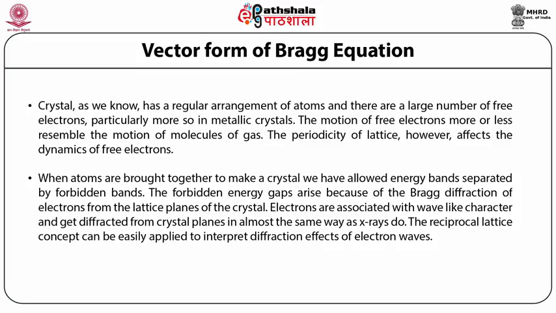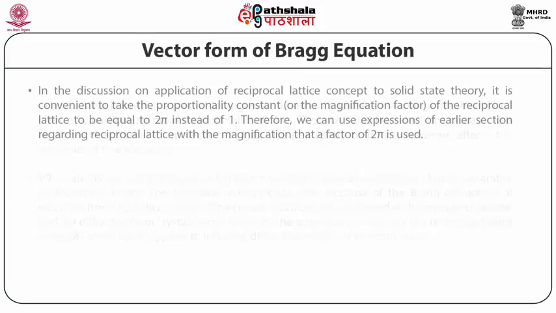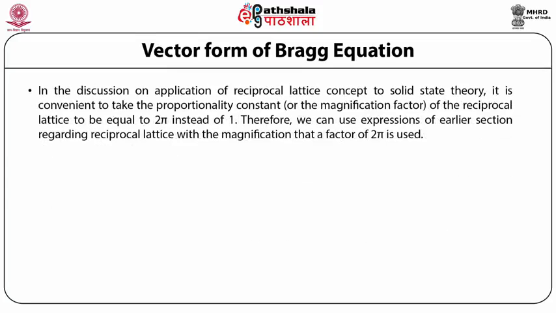Electrons are associated with wave-like character and get diffracted from crystal planes in almost the same way as X-rays do. The reciprocal lattice concept can be easily applied to interpret diffraction effects of electron waves. In the discussion on application of the reciprocal lattice concept to solid-state theory, it is convenient to take the proportionality constant, or what we call the magnification factor, of the reciprocal lattice to be equal to 2 pi instead of 1.